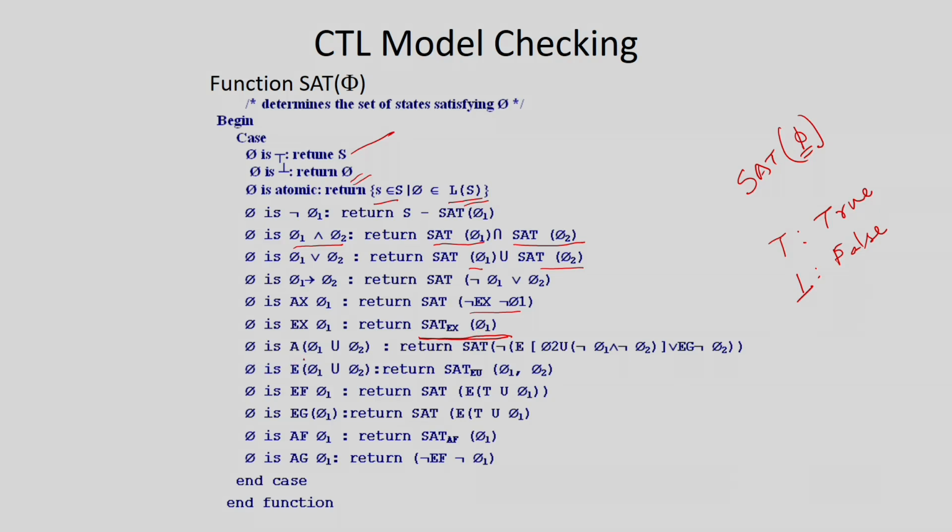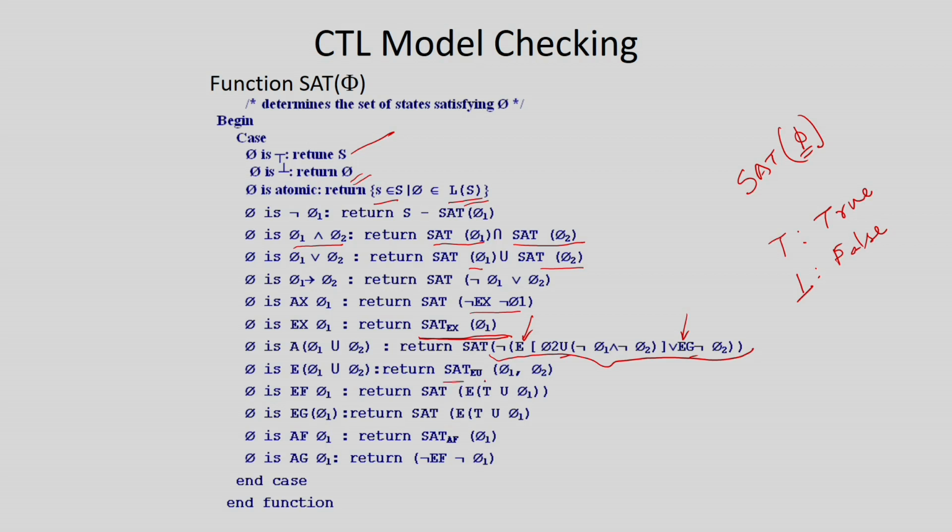Similarly, if phi is A phi 1 until phi 2, then we are going to look for its equivalent, which is expressed with the help of there exists, until and globally. So, first A phi 1 until phi 2 will be represented with the help of a subformula, and we are going to look for the truth values of E phi 1 until phi 2.